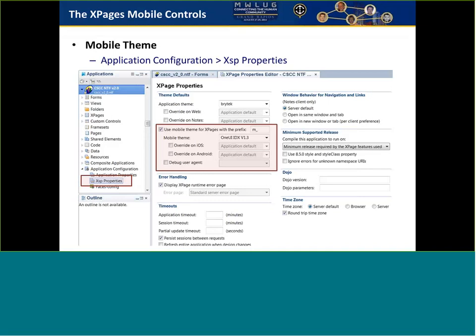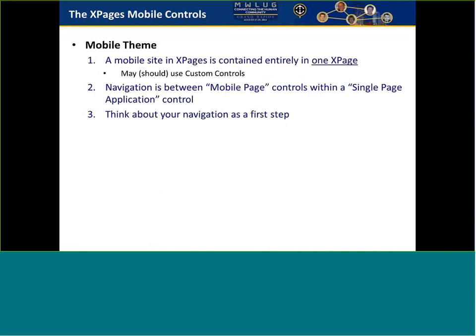A mobile XPage, or a site using the mobile controls, is contained entirely in one XPage. Now this is interesting certainly from the perspective of my candidate application, because it's got something along the lines of about 15 views in it.